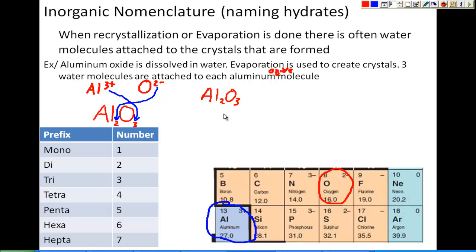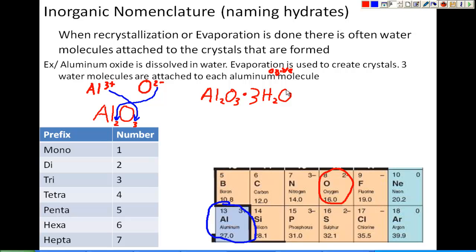Now, the next thing it says is that there are 3 water molecules that are going to be attached to each aluminum oxide molecule. So here's our 1 aluminum oxide, and so what we're going to write here is we're going to go times, this has attached to it 3, and we're going to write a big 3 waters, 3H2O.